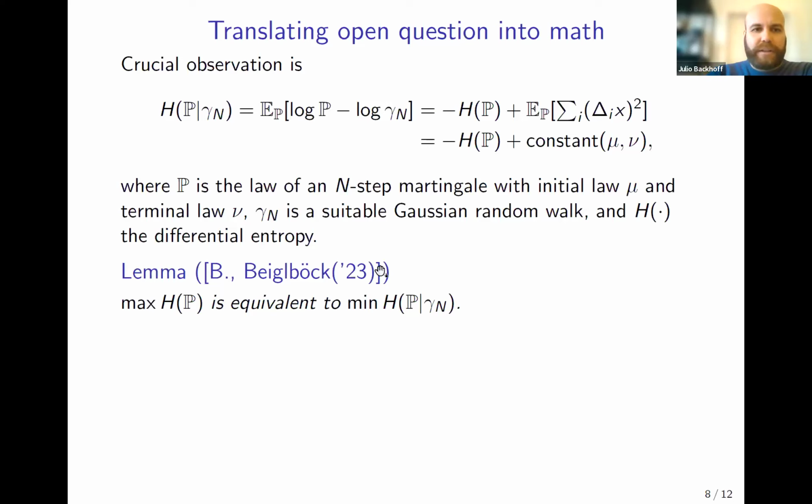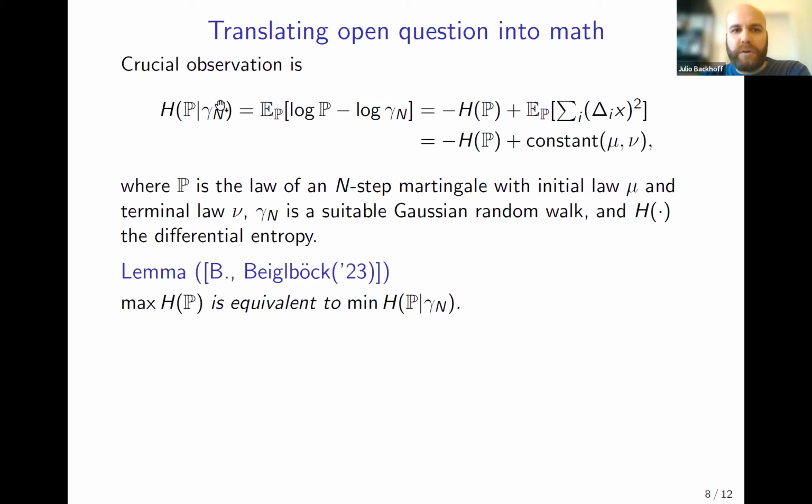Now, gamma n here is just, let's say, Brownian motion discretized in n steps. So a Gaussian random walk. And let's see what happens with the relative entropy of P with respect to gamma n. So this is the expectation under P of the logarithm of the density of P to the density of gamma n. Now, I am abusing the notation, and I still call P and gamma n those densities. Assume that the density of P exists, of course.